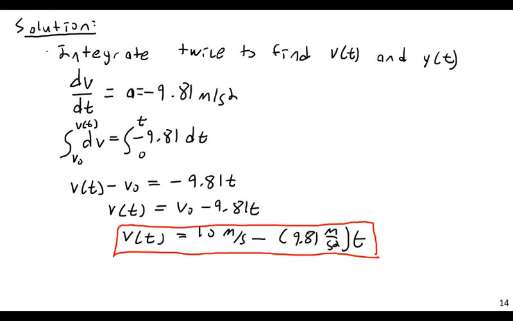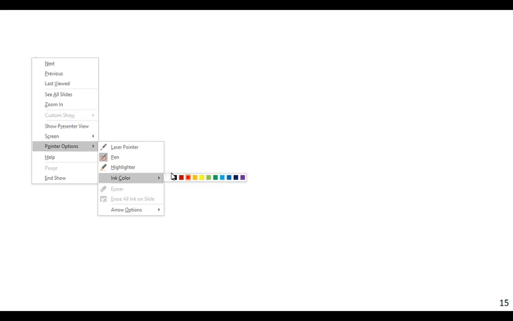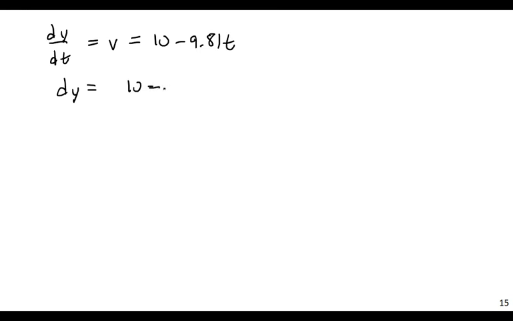Okay, so now I want to go on and find the position function. And it's going to be very much a similar thing. dy/dt is going to be equal to v, which is equal to 10 minus 9.81 t. And if I bring this to the other side, I can say dy is equal to 10 minus 9.81 t dt.